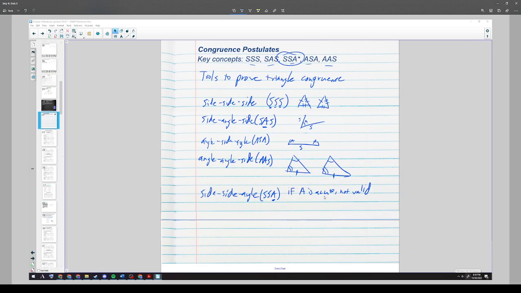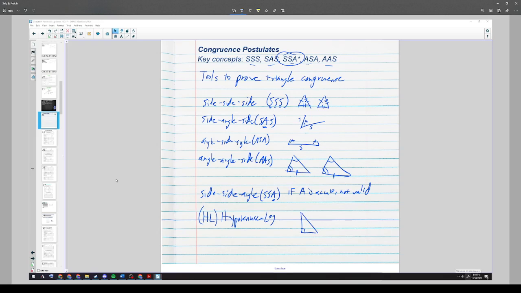But what you will see is a different version of this. So specifically for right triangles, you may see in the notes and in the proofs that we're doing that it's called HL. So HL is short for hypotenuse leg. So in hypotenuse leg, we have a right triangle specifically.